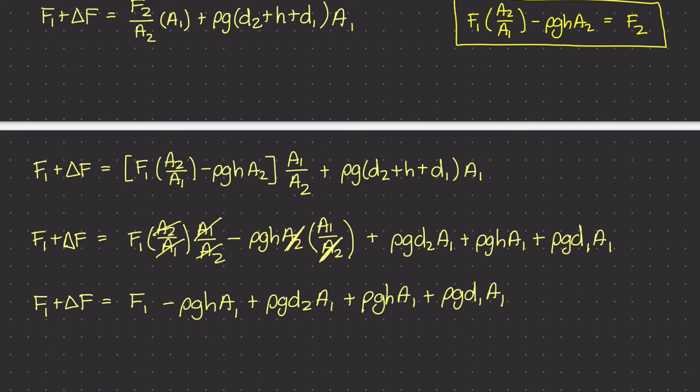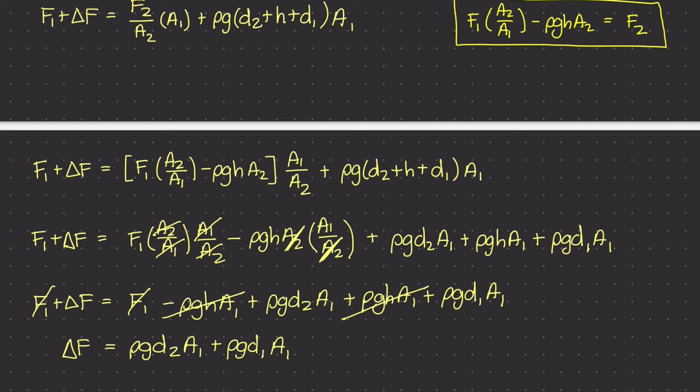Now you can see that this term, rho G H A1, cancels out with this term, rho G H A1. We have a positive rho G H A1 and a negative one, and those cancel out, as well as the F1 and F1 terms. They are present on both sides of the equation, so they cancel out. And what we're left with is delta F is equal to rho G D2 times A1 plus rho G D1 times A1.